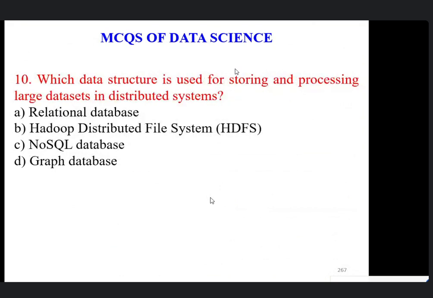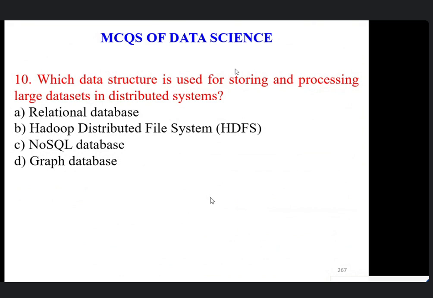Which data structure is used for storing and processing large data sets in a distributed system? Relational database? I'll give you a small hint. I have explained in big data technologies, there are two major components: HDFS and MapReduce.